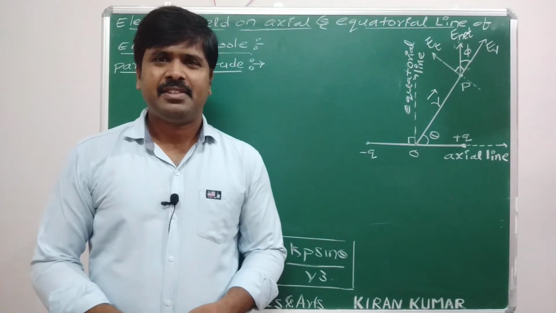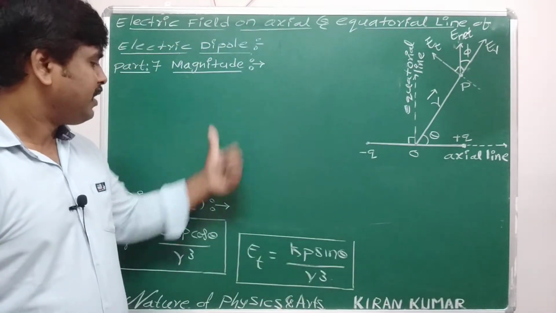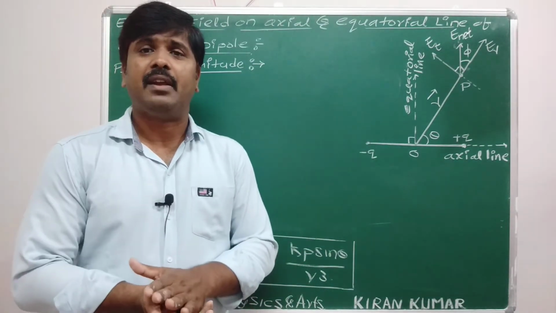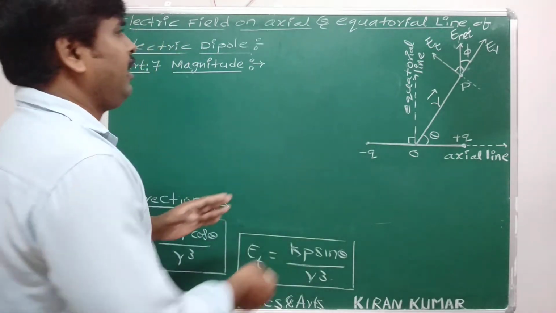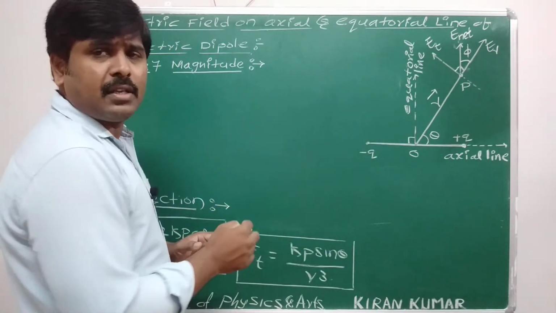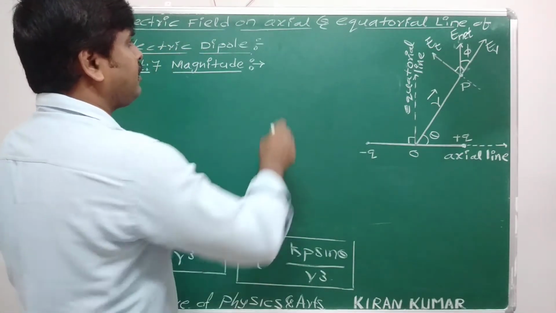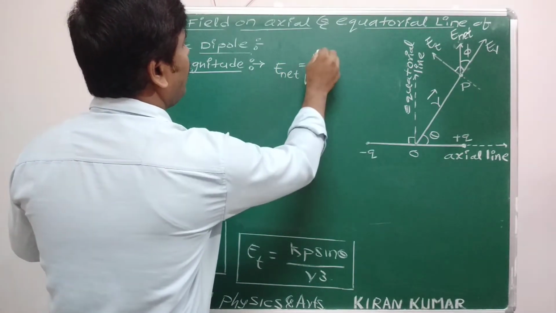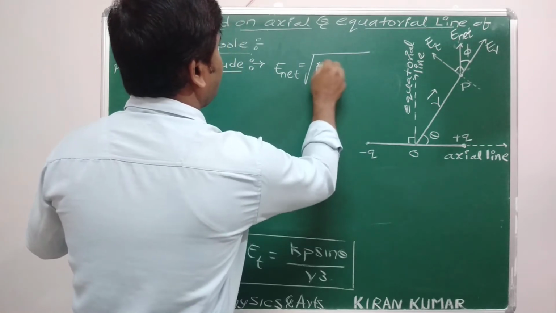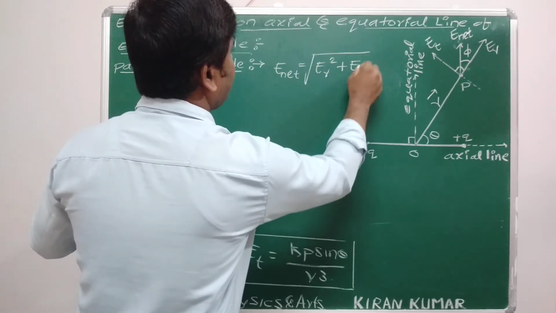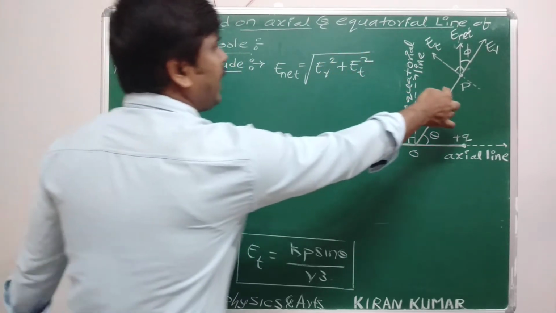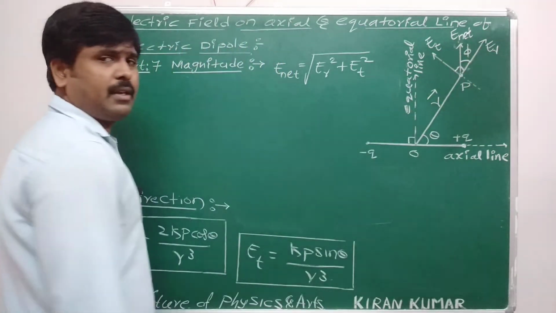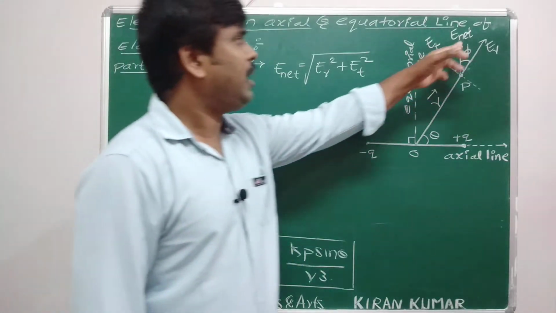Now in continuation, magnitude and direction of the net electric field. See, here diagonal square is equal to side square plus side square, then E net is equal to root over E r square plus E t square.